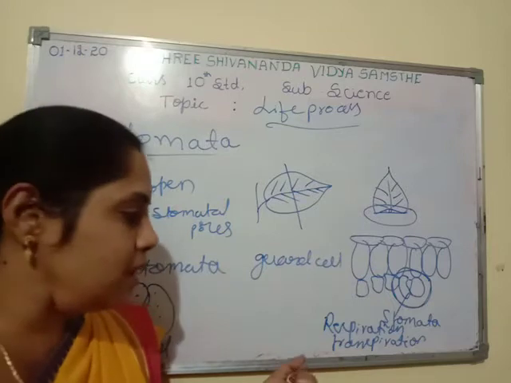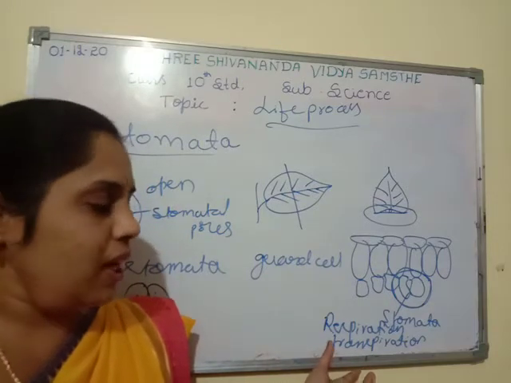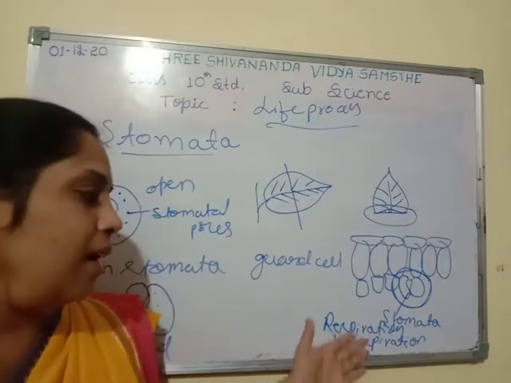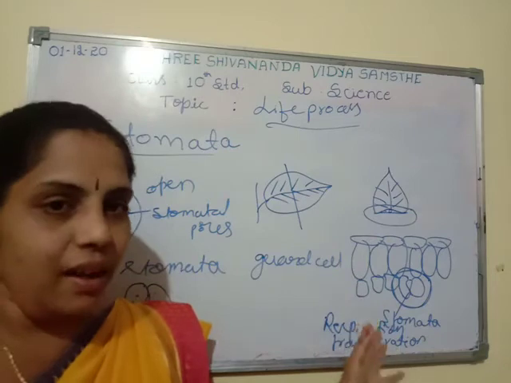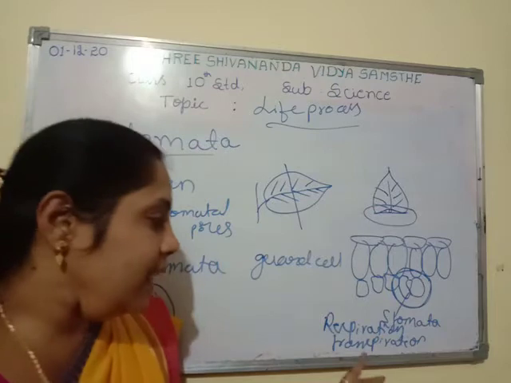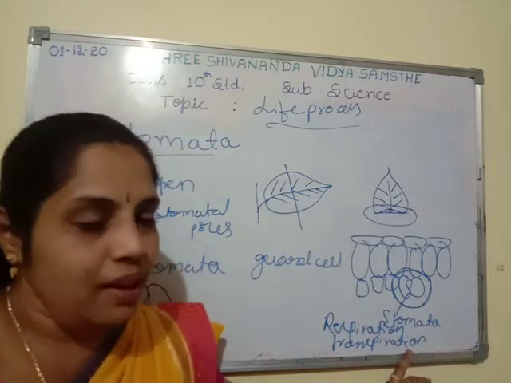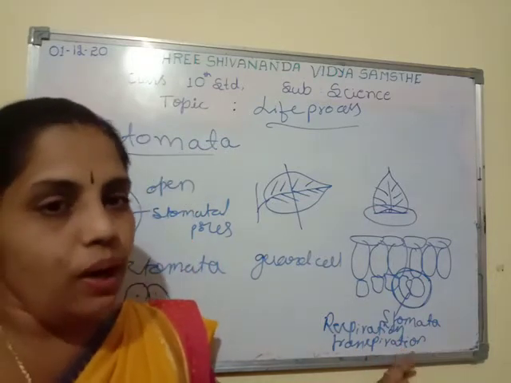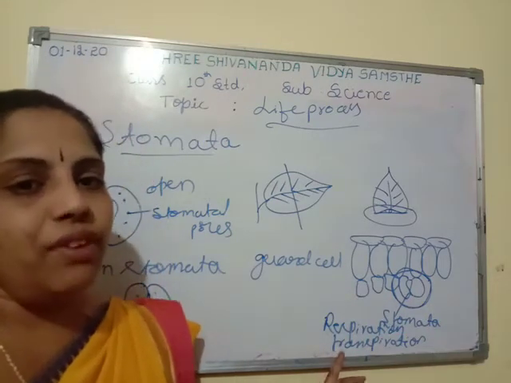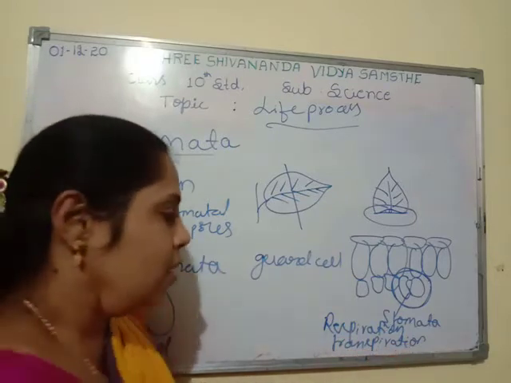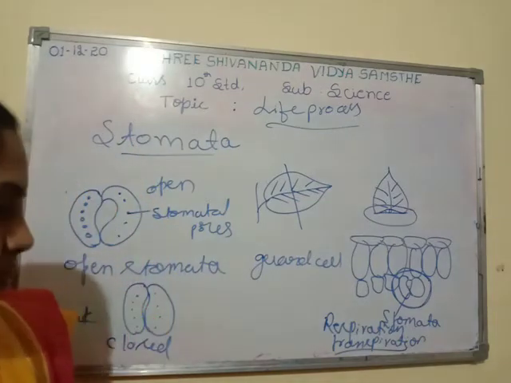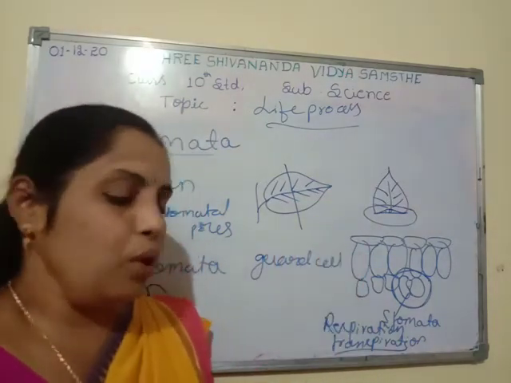The plant expels the excess water along with unwanted substances from its body in the form of water. That is known as transpiration. The loss of excess water from the body is known as transpiration. This function is also carried out by the stomata. Yes, this is about the stomata. I hope you all understand now.